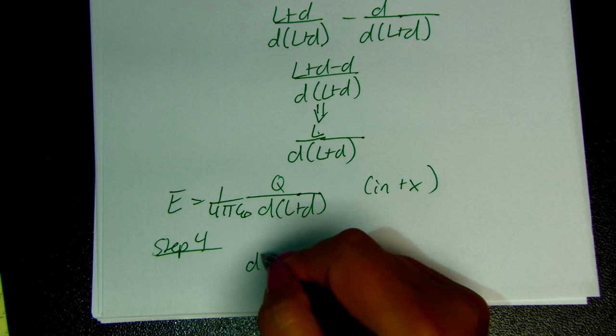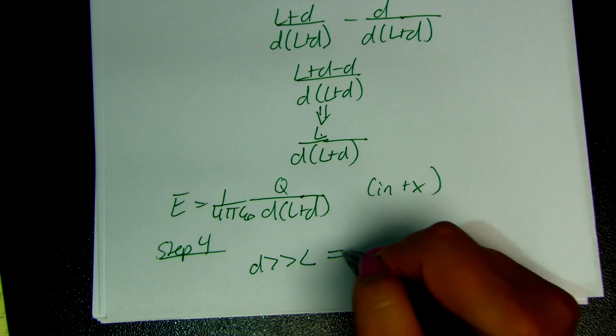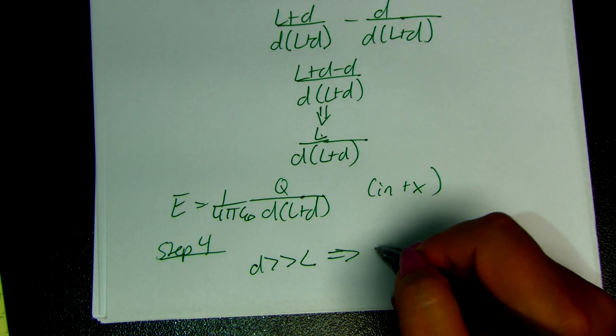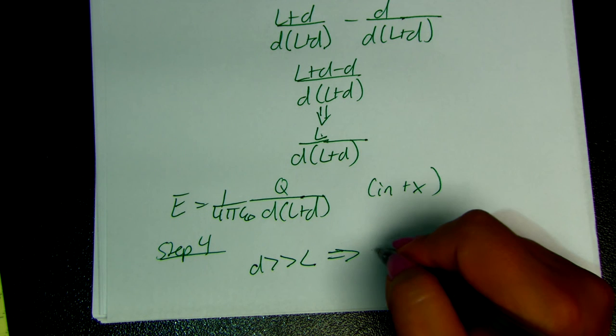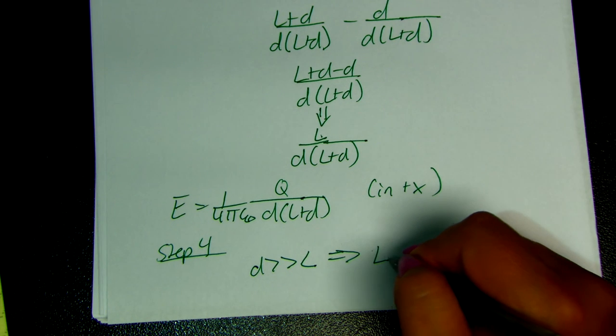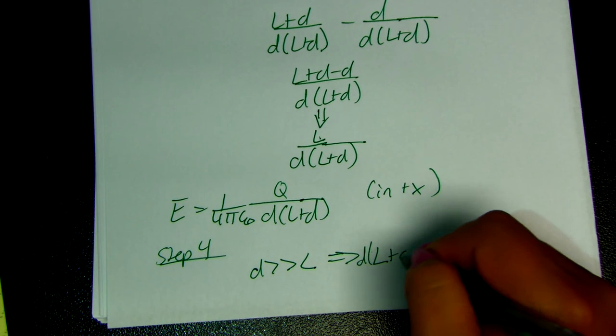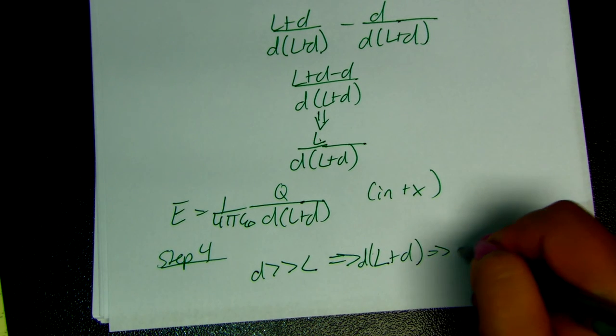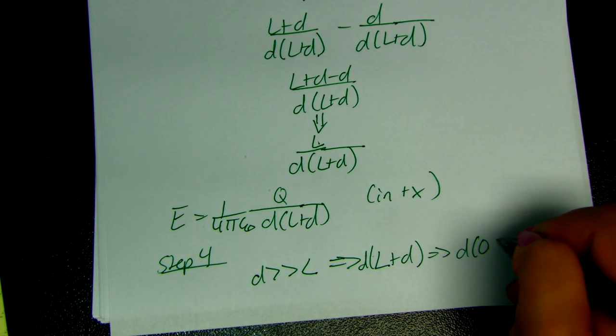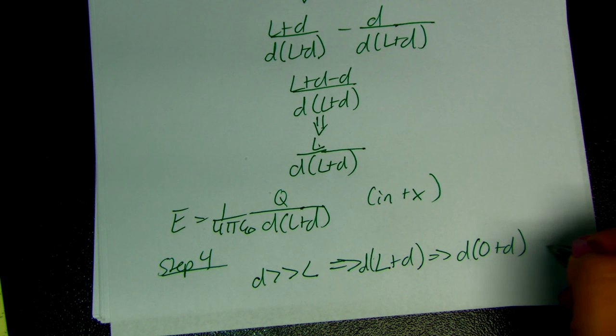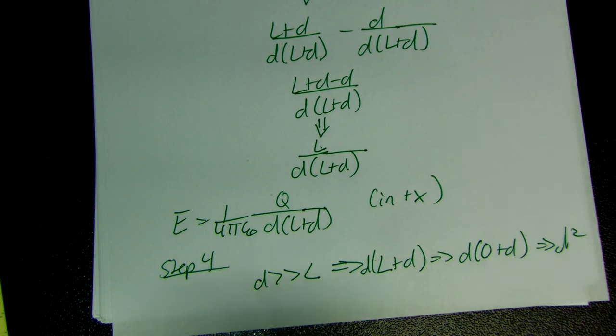If D is much, much larger than L, then the argument D(L plus D) would basically be D times D, which is D squared, and so you get the point particle. So it all checks out.